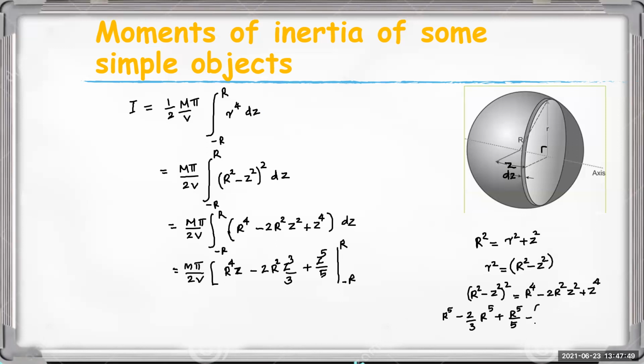Minus, in bracket, we give the lower limit. First we give minus R, then minus R raised to 5. Next, here it is z cube, then it is minus, and minus minus gives plus.